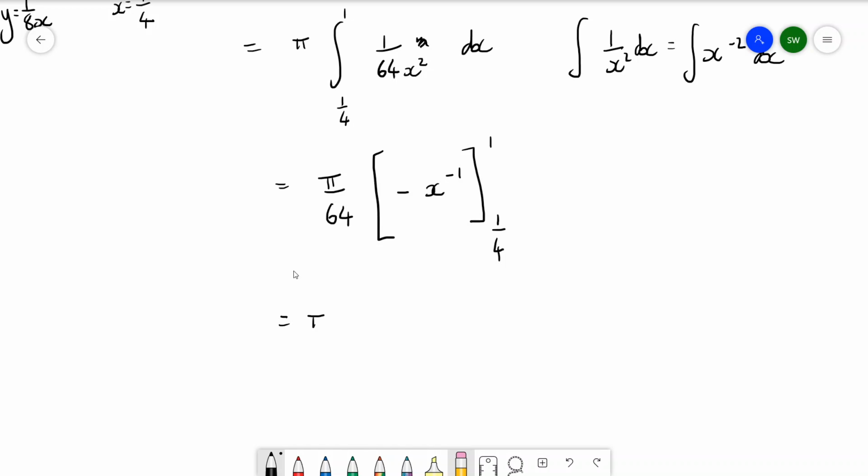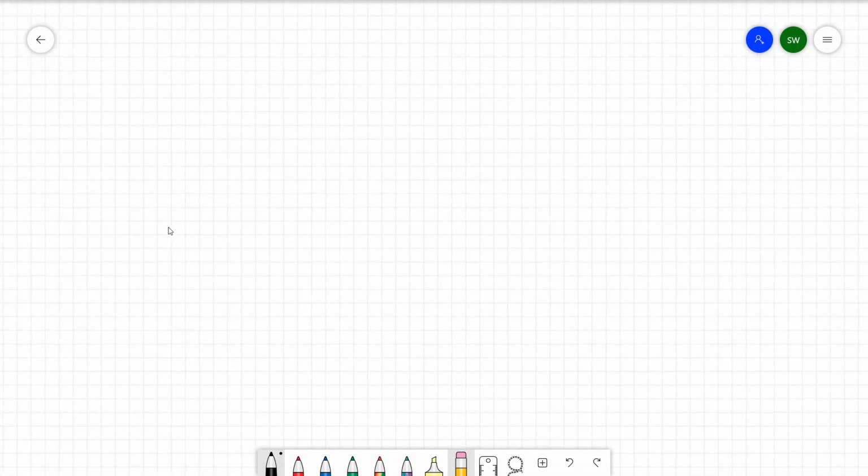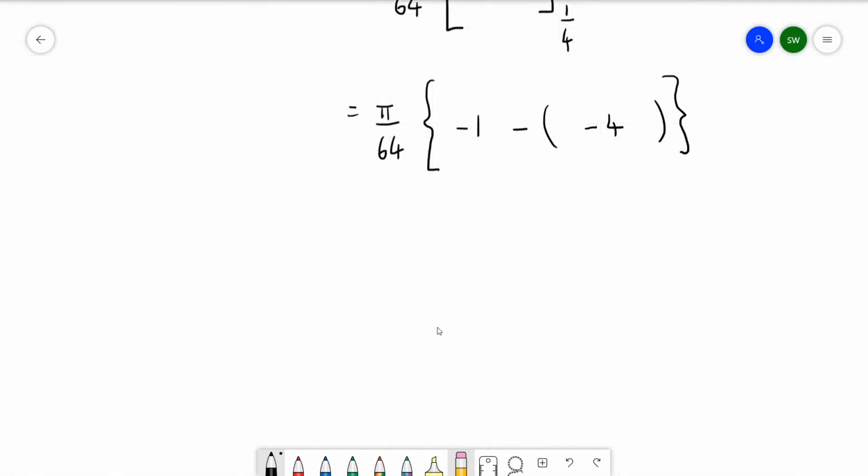So then, if I sub in the top limit, we're going to get minus 1, and then we're going to minus what we get when we sub in the bottom limit, minus 4. So we're going to have 3 pi over 64 for that red volume.